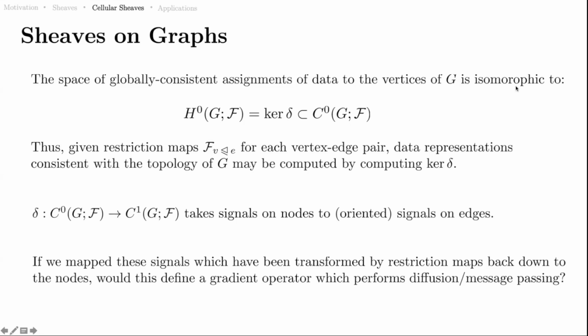So note that this coboundary map takes signals, or zero cochains, onto one cochains.